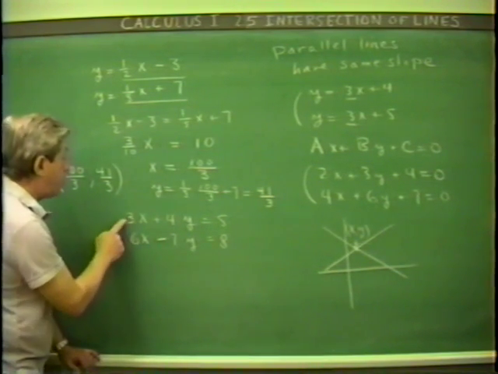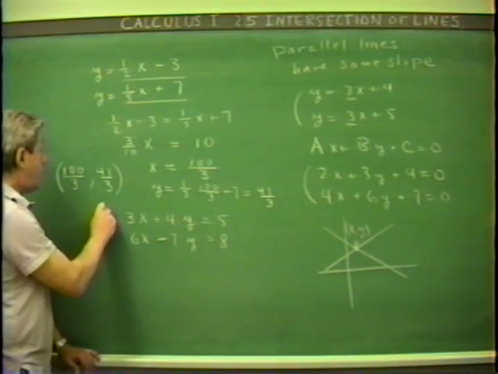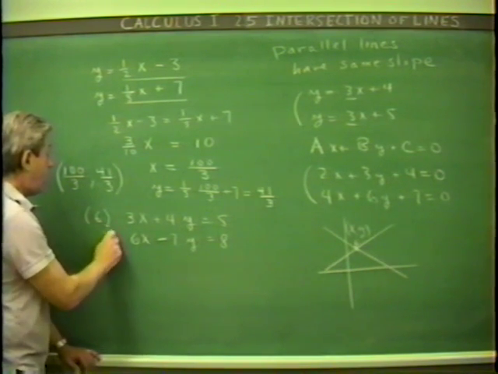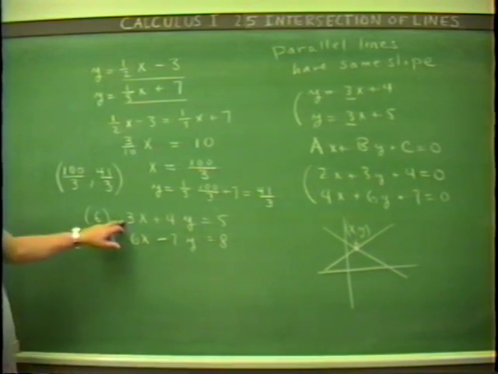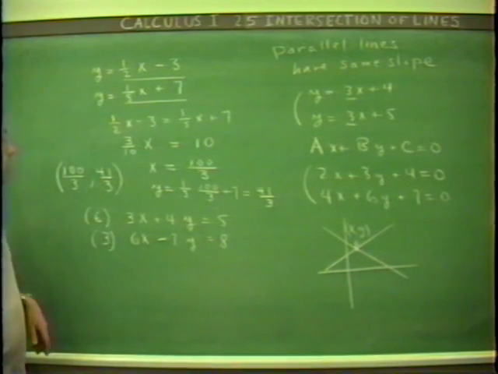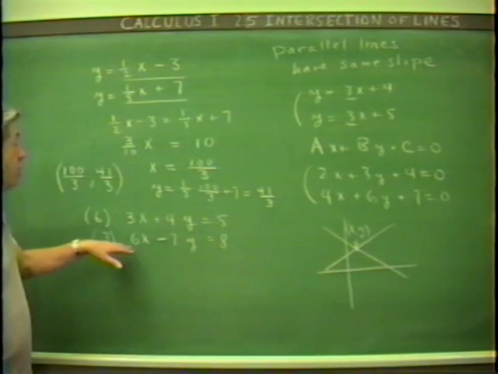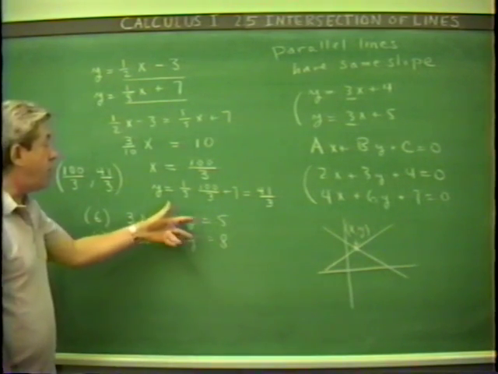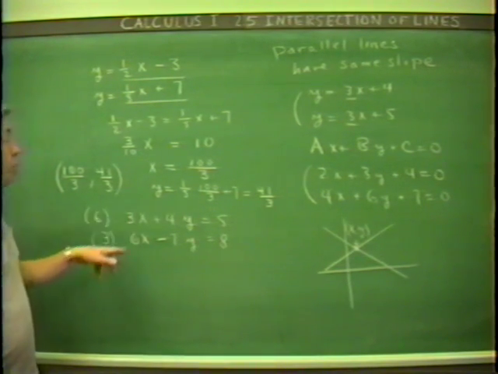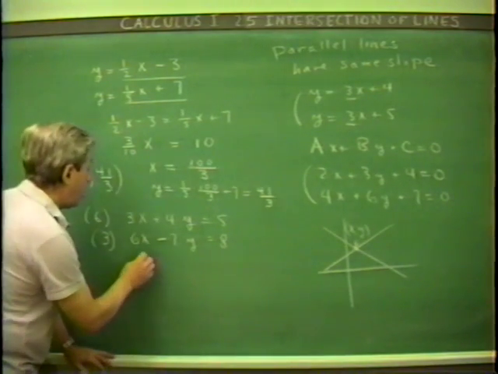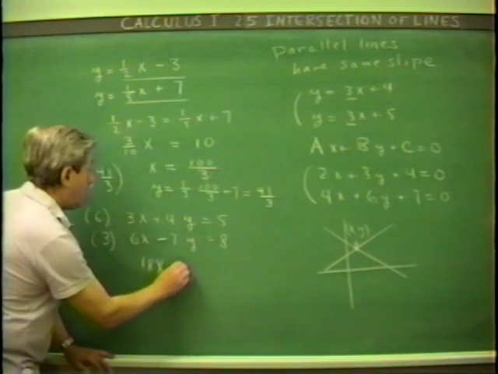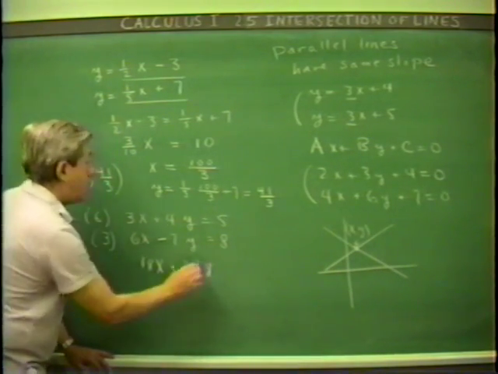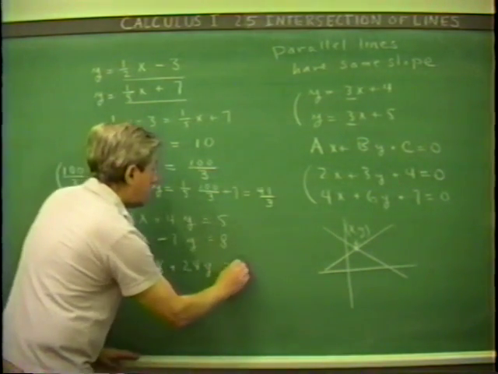For example, if we multiply the first equation here by 6 and the second one by 3, the resulting equations will both have 18x. And when we subtract the two, we will get no x term. We will be able to solve for the y term and find out what the point xy is. So if we multiply the first one by 6, we get 18x plus 24y equals 30.